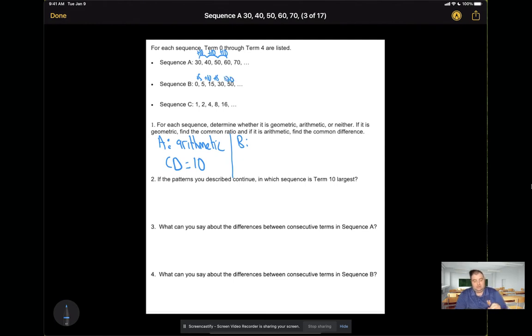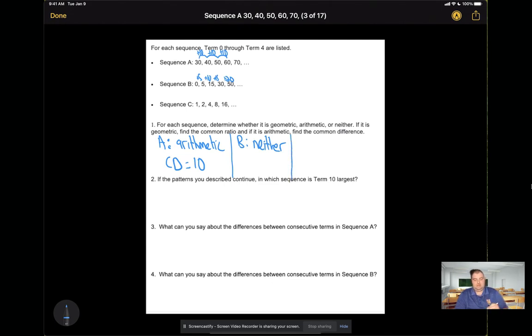Then we add 20. So there still is a pattern, but it's not an arithmetic pattern because we're not adding the same number each time. And it's definitely not a geometric pattern because we're not multiplying by the same number. So B is an example of a sequence that is neither arithmetic or geometric.